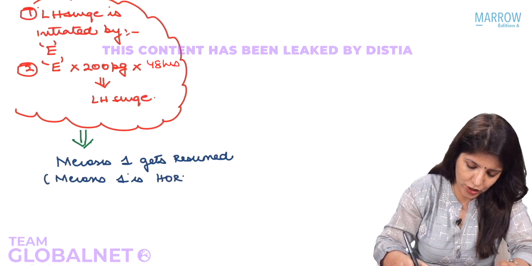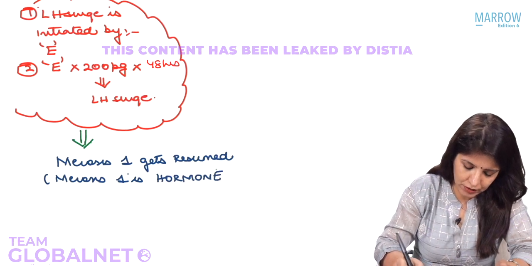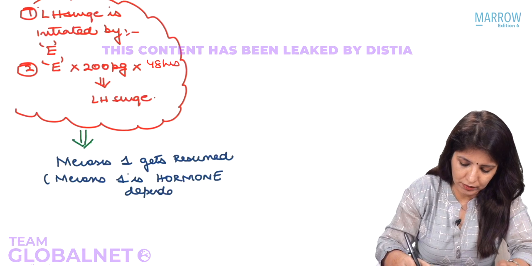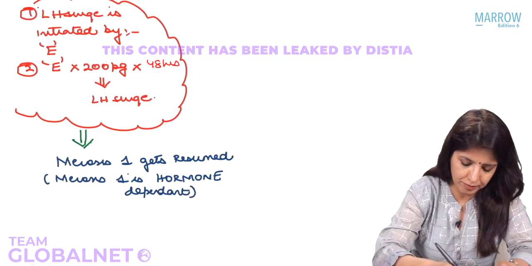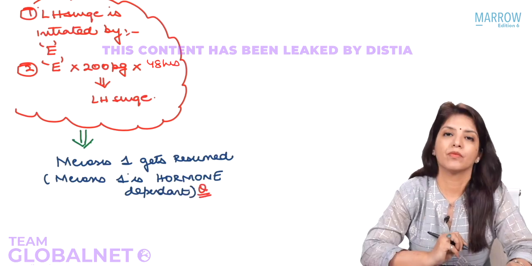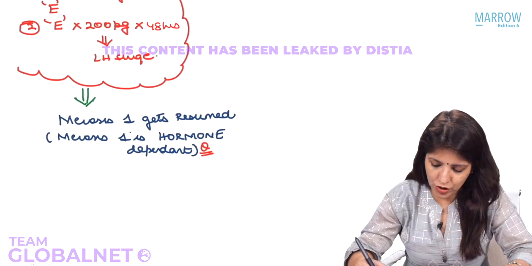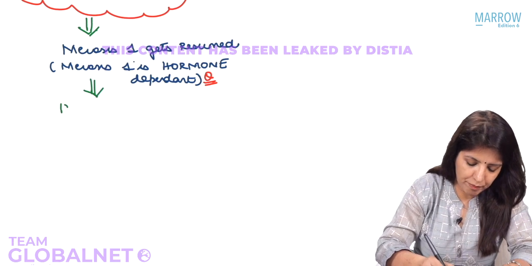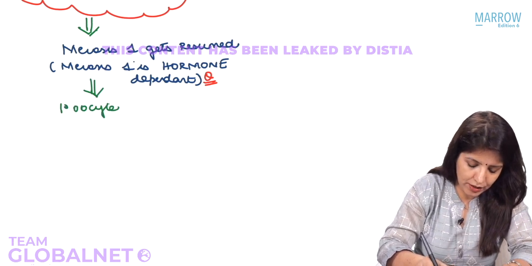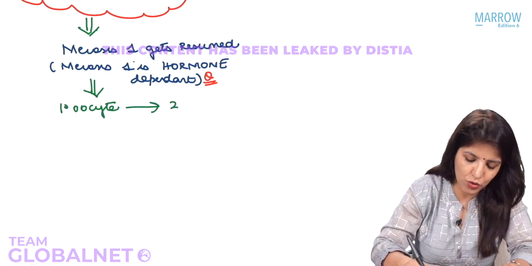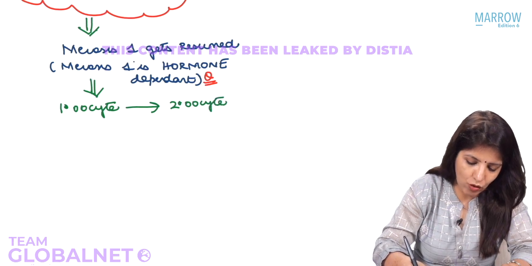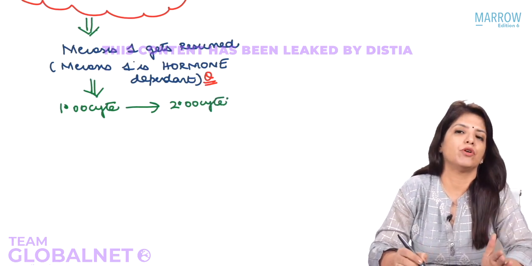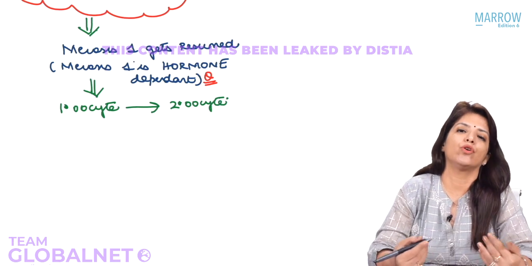Another very important question. This is hormone dependent. Now, when the meiosis 1 will get resumed, what will happen? The primary oocyte will get converted into secondary oocyte. And all of us know that this conversion is called ovulation.